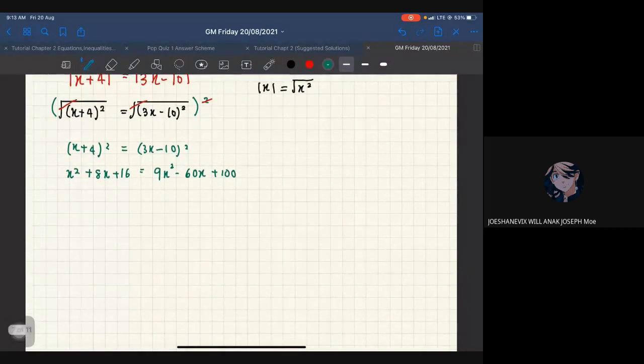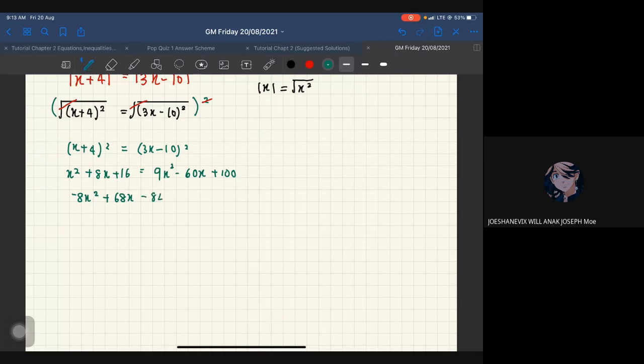So x squared minus 9x squared is negative 8x squared, then 8 plus 60 is positive 68x, and 16 minus 100 is negative 84, equal to 0.